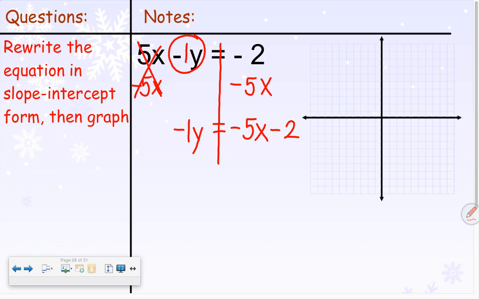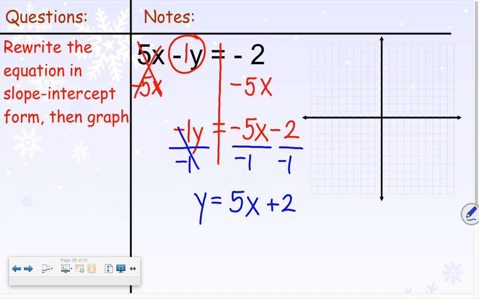And then I'm going to divide every single number by negative 1. So those cancel, make 1. Negative 5 over negative 1 is 5. Negative 2 over negative 1 is 2. So y equals 5x plus 2. Put my first point on 2 on the y-axis, and then my slope is 5 or 5 over 1, so rise 5, 1, 2, 3, 4, 5, run 1.